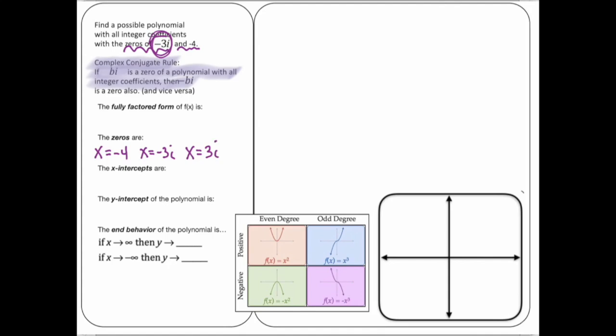So what we want to do is let's go ahead and get this thing written in its fully factored form. So we would just have f of x equals, and so let's go through all the steps. Okay, so there's all the zeros that are going to exist, and then I'm going to move everything on over to the left-hand side.